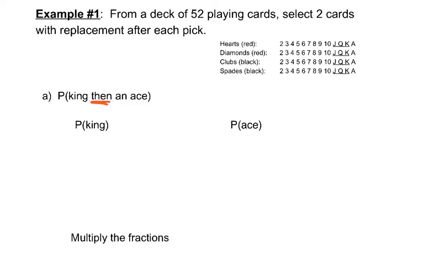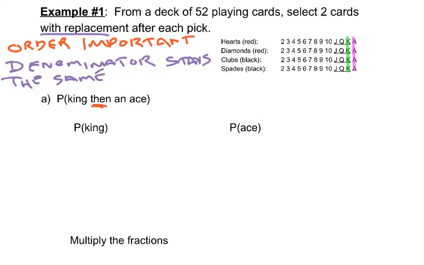All right, so the key word here is "then." That means the order is important. And since we're replacing the cards, our denominators for each probability calculation we do are going to remain at 52, because there are 52 cards in the deck.